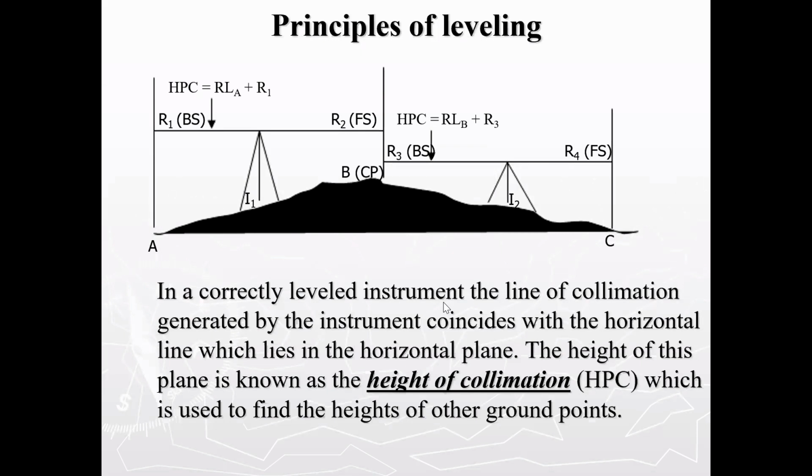So the reduced level at point B shall be equal to the HPC minus R2.